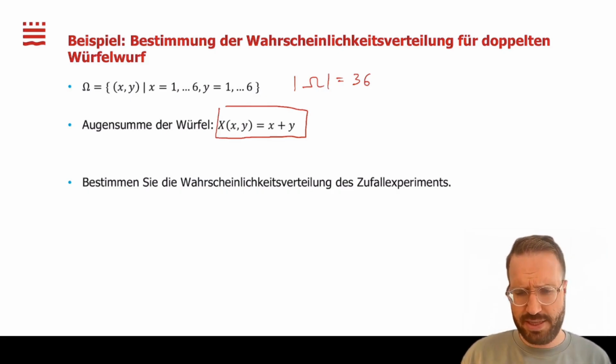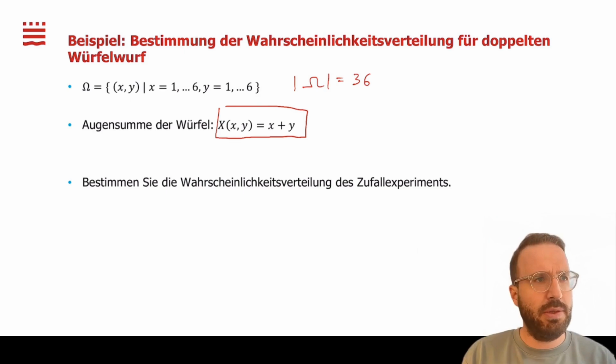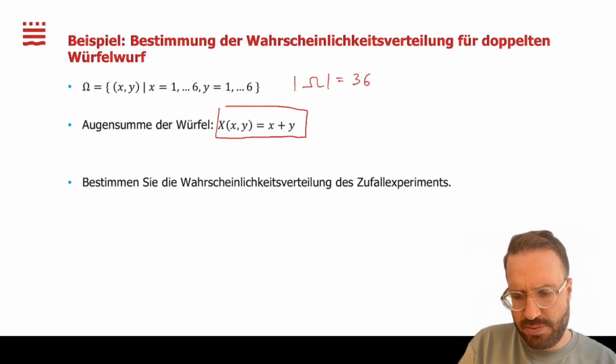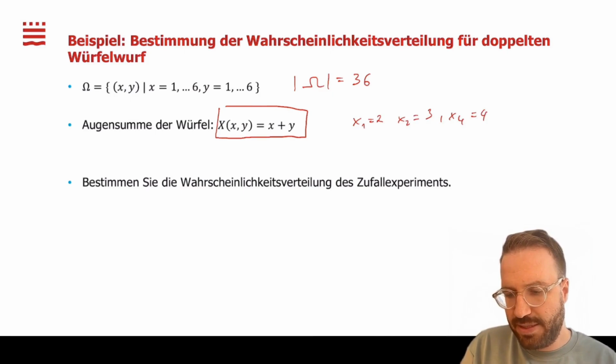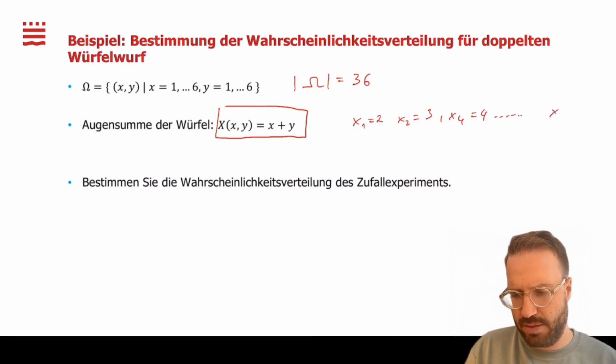So what are the values of x? The values are, of course, all possible sums. That means x1 is equal to 2, x2 is equal to 3, x3 is equal to 4, and so on, up to x11 is equal to 12.